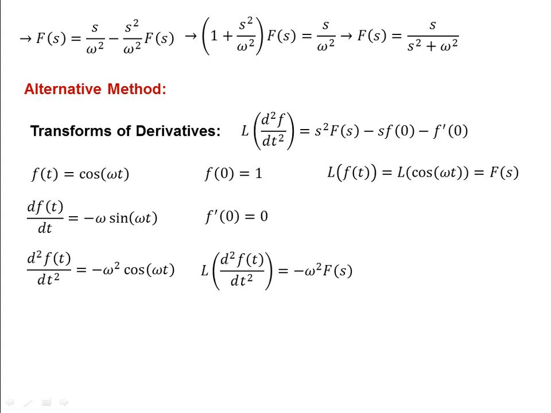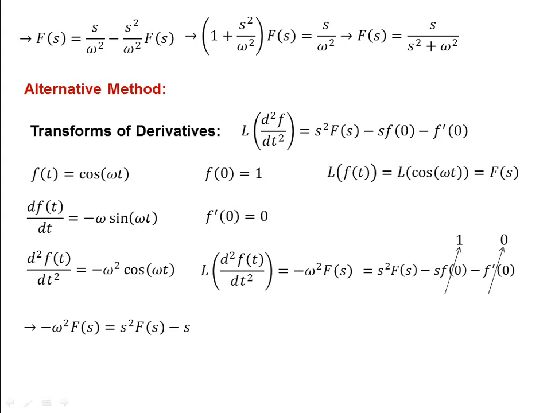On the other hand, I know from the theory of derivatives that the Laplace of the second derivative of a function is given by this relation. So if I equate this to s squared F(s) minus s f(0) minus f prime of 0, and since f(0) is 1 and f prime of 0 is 0, I substitute the values and rearrange: minus omega squared F(s) equals s squared F(s) minus s.